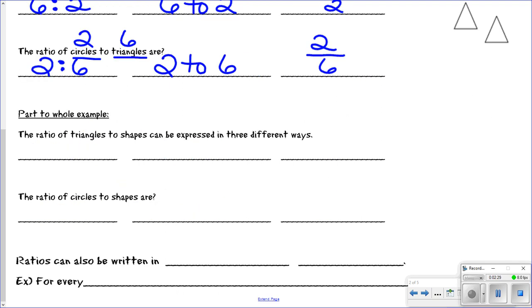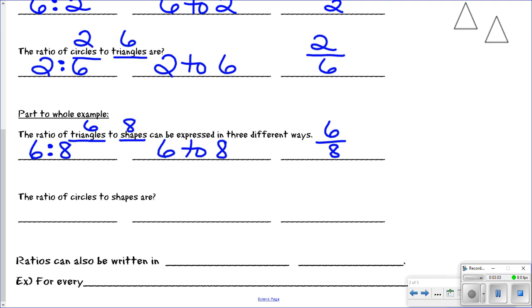Now using the same picture, we're going to demonstrate some part to whole examples. This first question says, what is the ratio of triangles to shapes? So we count up the triangles and there are 6, and shapes are all of them, and there are 8 of them. Again, writing them in the 3 different ways, 6 colon 8, 6 to 8, and 6 is my numerator, 8 is my denominator.